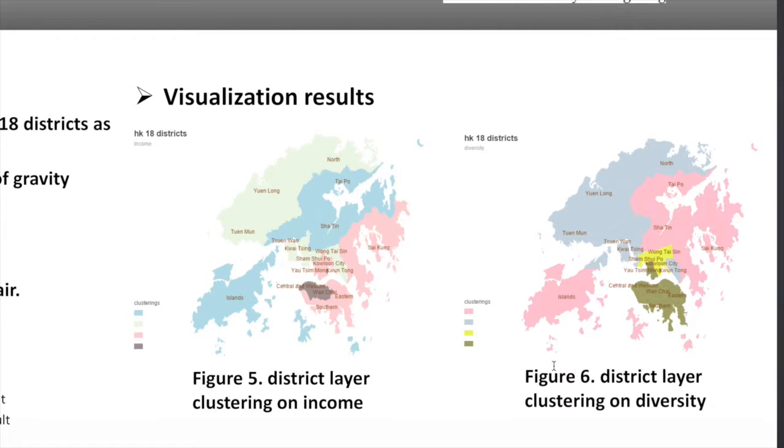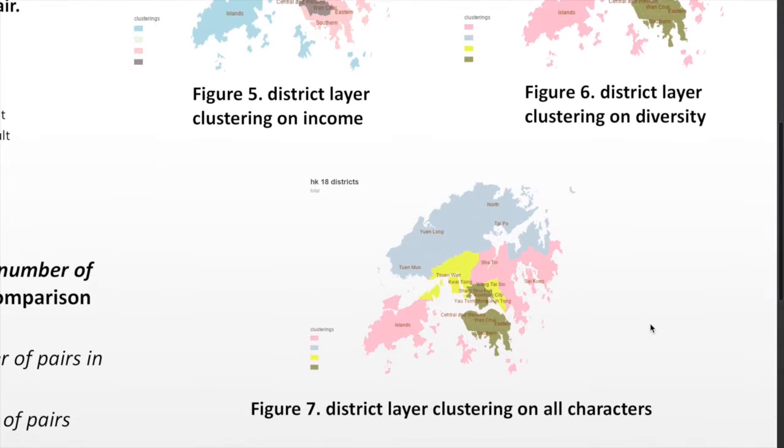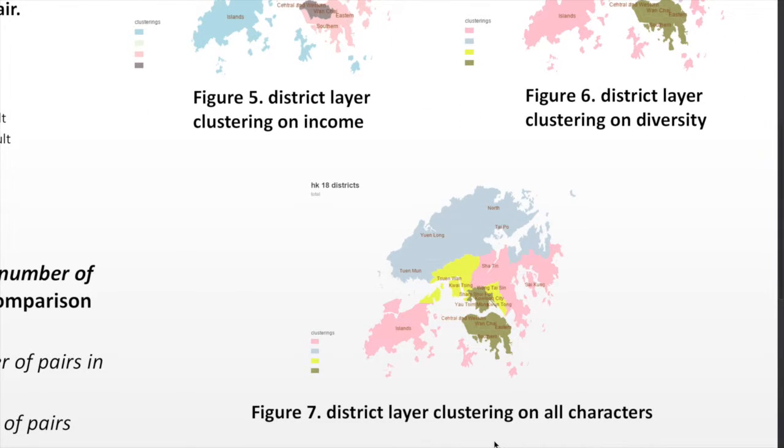And the second one is the district layer clustering on diversity. And the third one is the district layer clustering on all characters. Here, all characters represent the economic characteristics, the educational characteristics, and so on, which means all the characteristics we can get from our raw data.